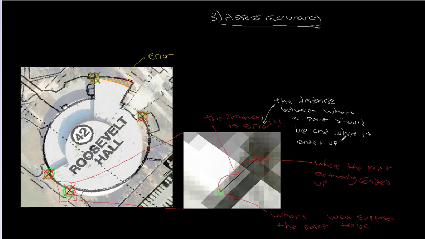Okay, so with this concept of error in our minds, I want to talk about the way that we actually quantify the error. How do we assess the accuracy? The way we do that is with something called root mean square error.